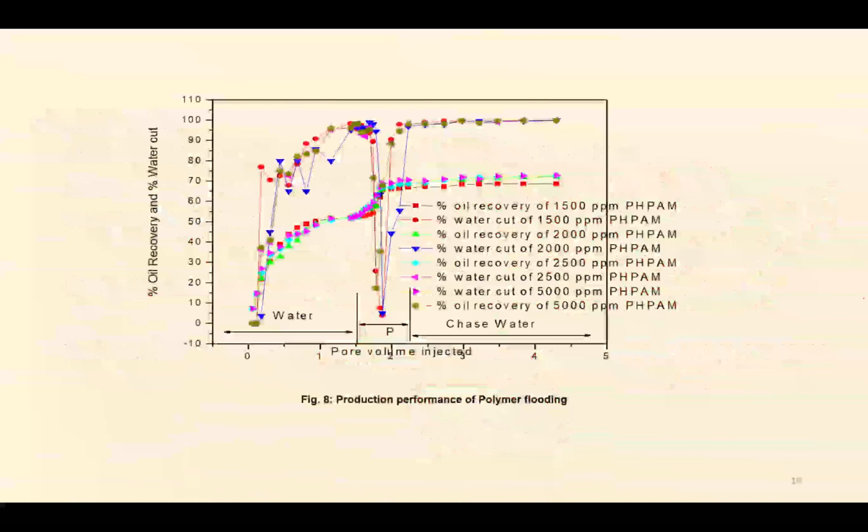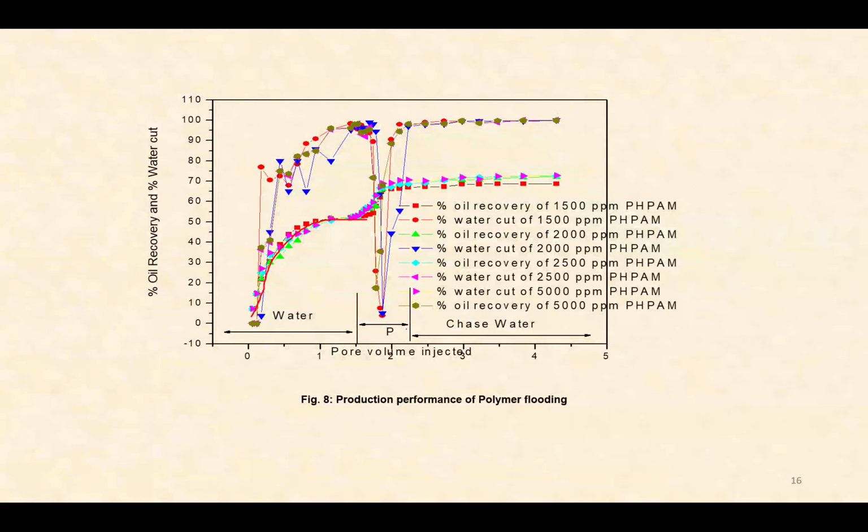So these are the plots for this polymer flooding of different concentrations. You can see that this is the recovery by water flooding. After a certain pore volume injection, there is no further recovery, and then you are injecting this polymer, followed by chase water.